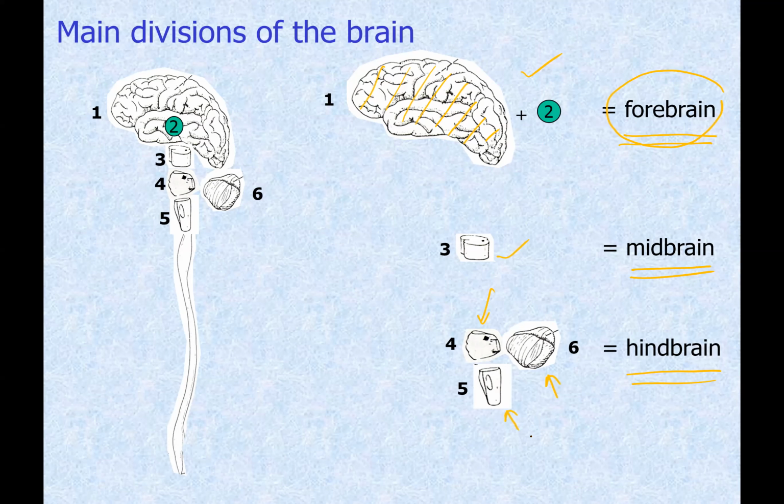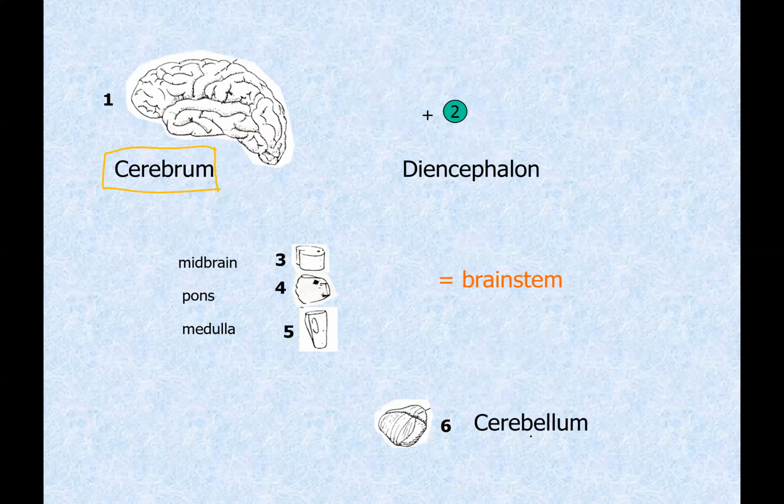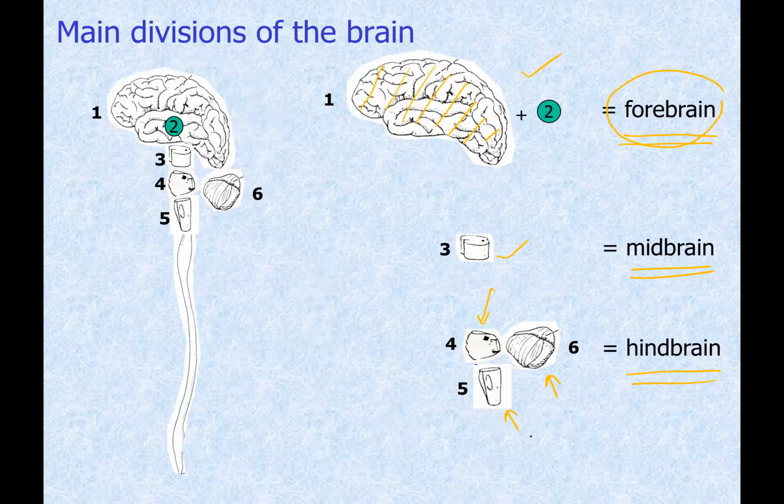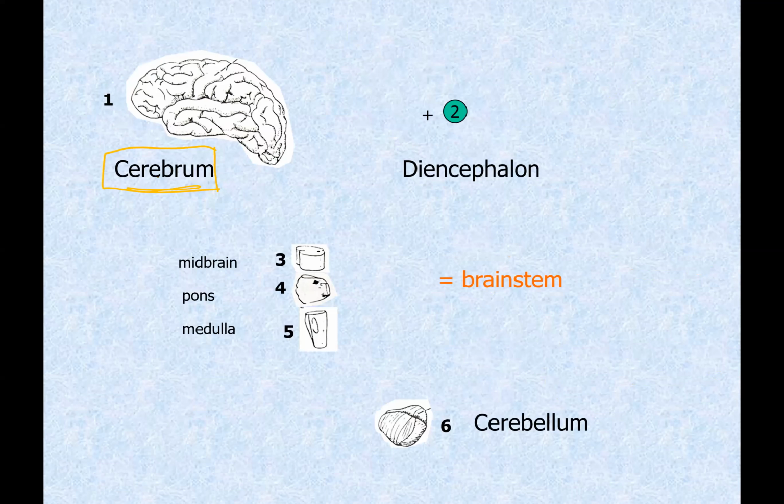Now, in the second classification, which is a more clinically relevant classification, again, the forebrain is called cerebrum here. Therefore, it consists of the two cerebral hemispheres and the diencephalon hidden inside, which we can't see outside. So it's the same. But the second part is a combination of midbrain, pons, and medulla together. The midbrain is taken with part of the hindbrain and you call it brain stem.